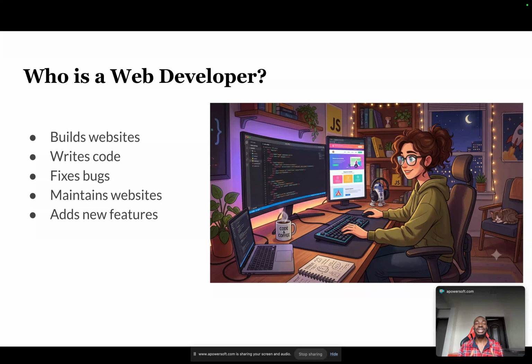A web designer actually creates this new design for the company, and a web developer has to actually create this new website. So from the design, the web developer creates the system and creates the website and updates it. So a web developer maintains websites.